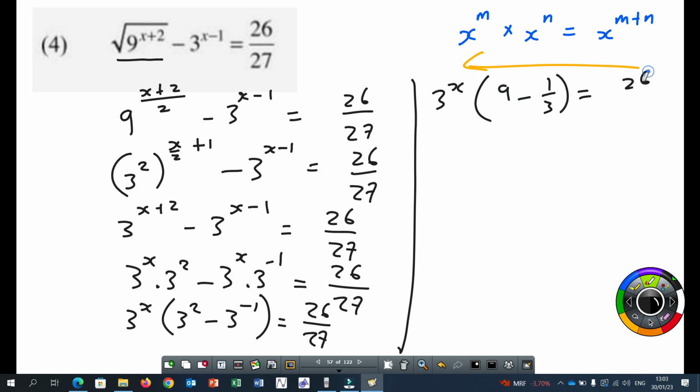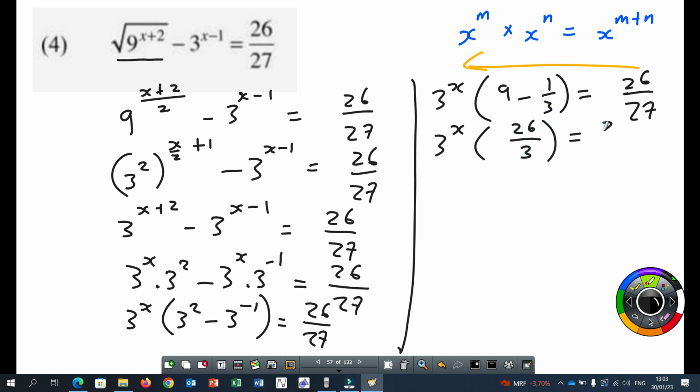This is equal to 26 over 27. Now, your knowledge of working with fractions is extremely important at this stage. Okay? So this becomes 3 to the power of x times (9 minus 1 over 3), that's 8 and 2 over 3. Now 8 and 2 over 3 will give me 26 over 3.